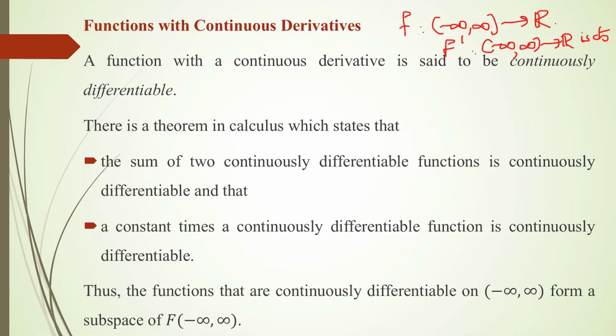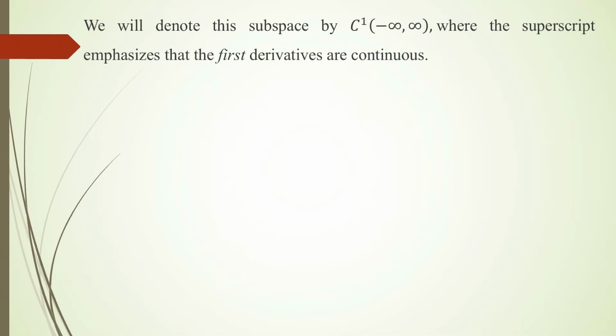Therefore, the functions that are continuously differentiable on (-∞, ∞) form a subspace of F(-∞, ∞). The set of all continuously differentiable functions on (-∞, ∞) is denoted by C^1(-∞, ∞), where the superscript 1 emphasizes that the first derivatives are continuous.